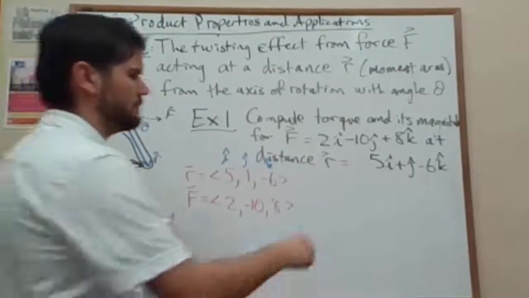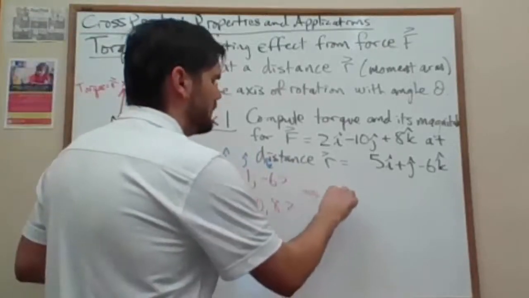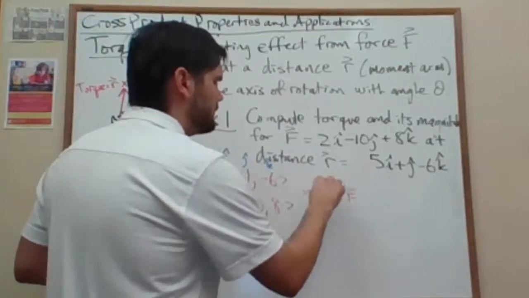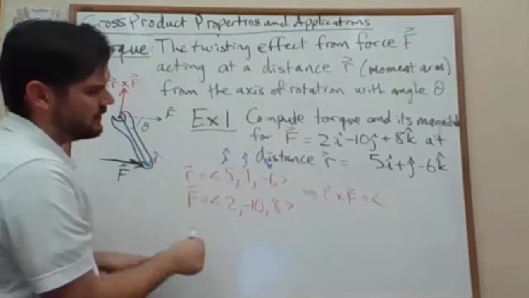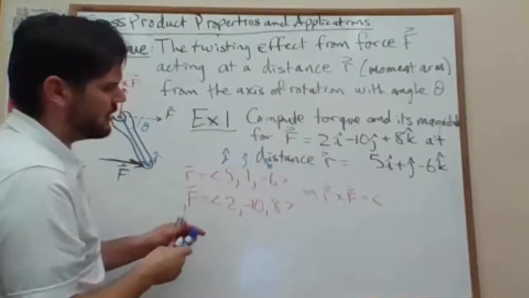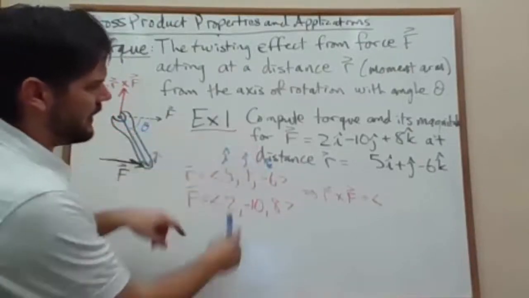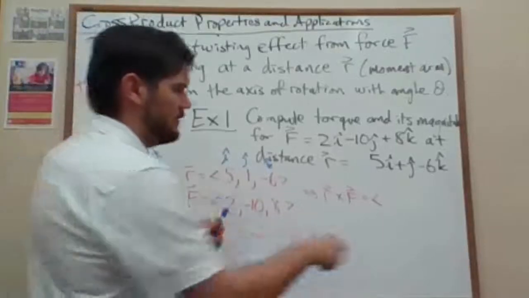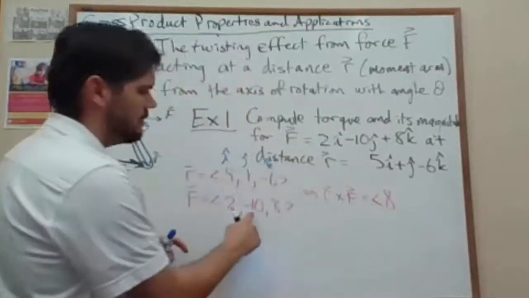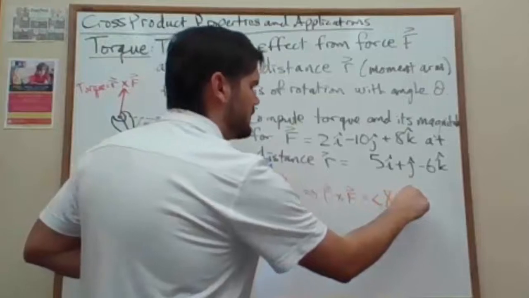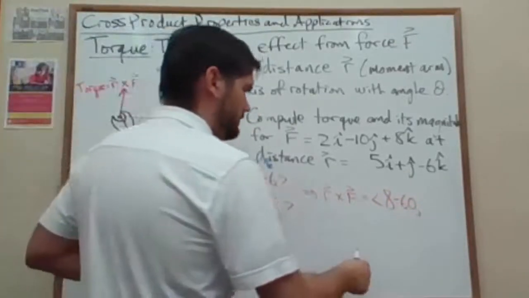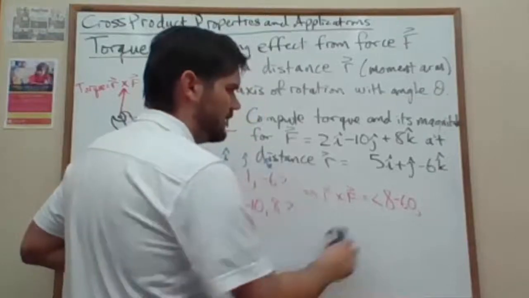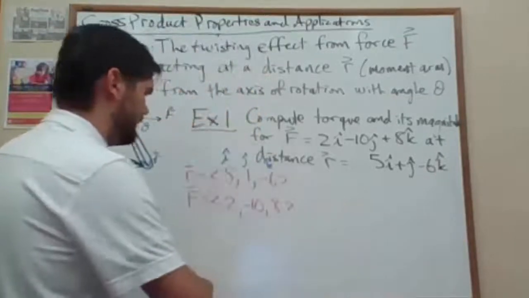to compute R cross F. I hat, take the determinant left over. We have an 8 and then minus 60. Then j hat. I need some room, so I'm going to write that down a little lower.